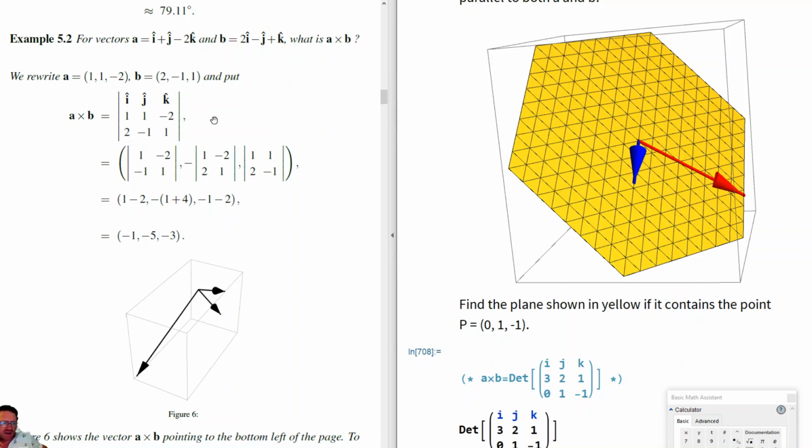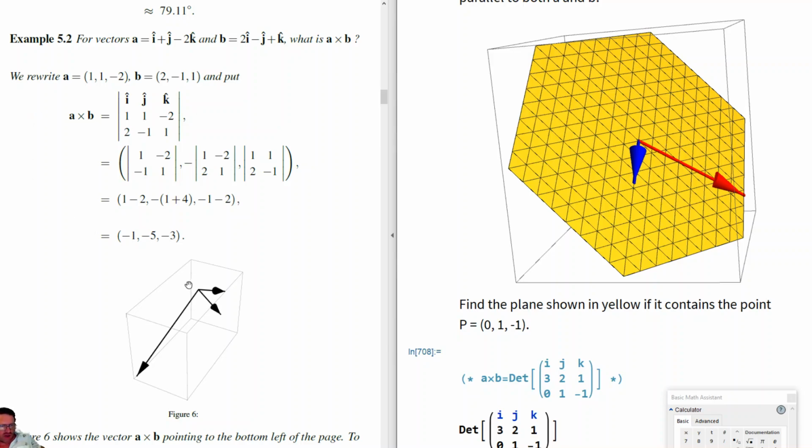and remember the i, j, and k are placeholders, so we can say that the first component of the result is 1 minus 2, which gives minus 1. The second component is minus in bracket 1 minus minus 4, so minus 5. And then the third component is minus 1 minus 2, so minus 3.